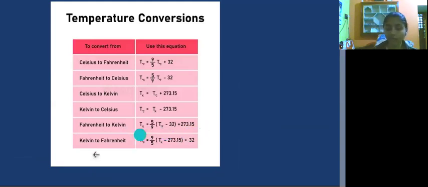For conversion of Kelvin to Fahrenheit, we have 9/5 times (temperature in Kelvin minus 273.15) plus 32, which gives us temperature in Fahrenheit. So these formulas ensure we can compare temperature across the systems.